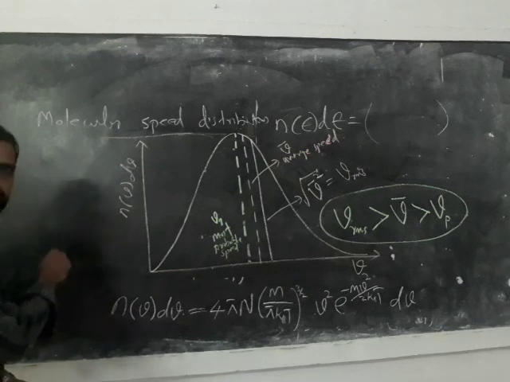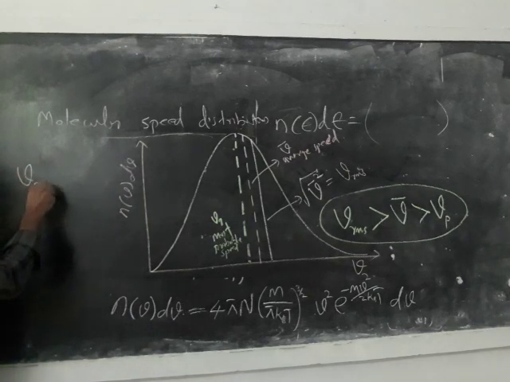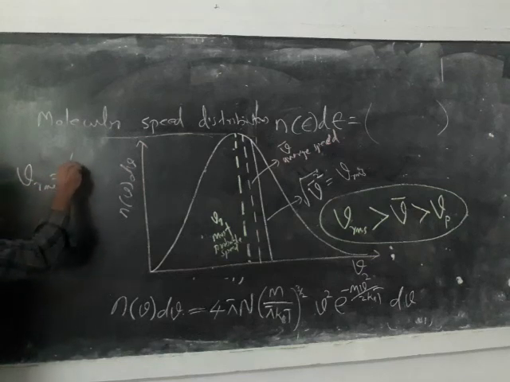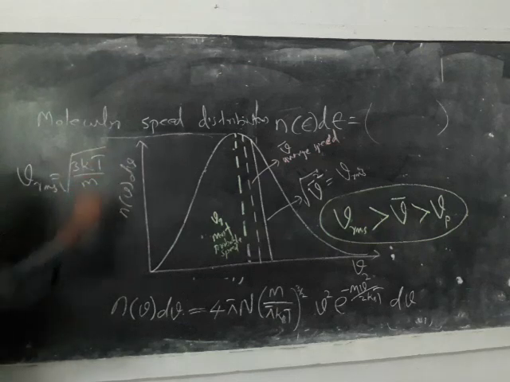And you may get the values. VRMS is equal to square root of 3 kBT by m.